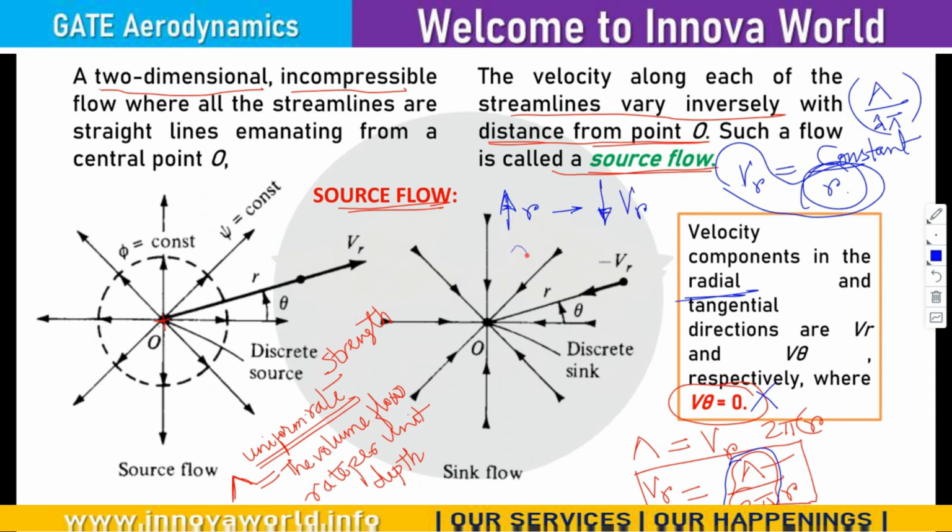If R is too large, gradually VR will also tend to 0, if only R is large enough. So we can also state it this way. Now if R is less, then the radial velocity component VR will increase.